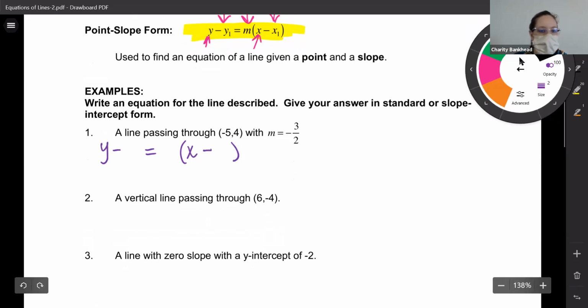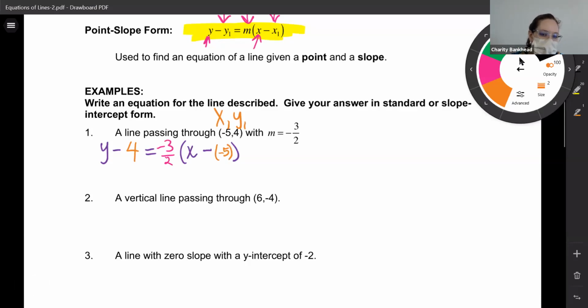Okay, that's like the bones of my formula, and then I'm going to plug the numbers into that. So x1 is -5, and y1 is 4. So y minus y1, so that's y minus 4 equals m, which in this case is -3/2, times x minus -5.